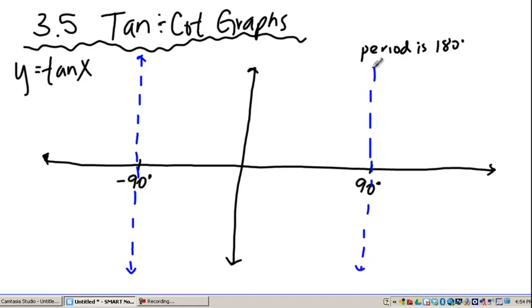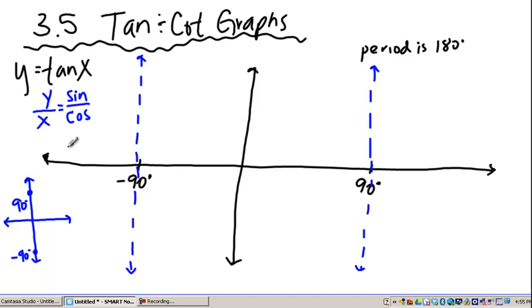As a reminder, tangent is equivalent to your y value over your x value, or you'll also hear it as sine over cosine. If we're thinking of our unit circle, 90 degrees is right there, and negative 90 degrees is down there, which is also known as 270 degrees.